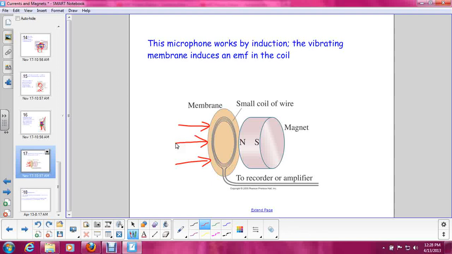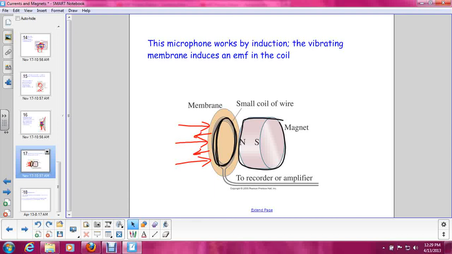And as that moves back and forth, you have a wire right here that's moving relative to a magnetic field. And remember, if you have a wire moving relative to a magnetic field, you're going to produce another magnetic field in the coil. And this will translate your mechanical vibrations into electrical signals that get sent to an amplifier or a recorder or whatever it's hooked up to.